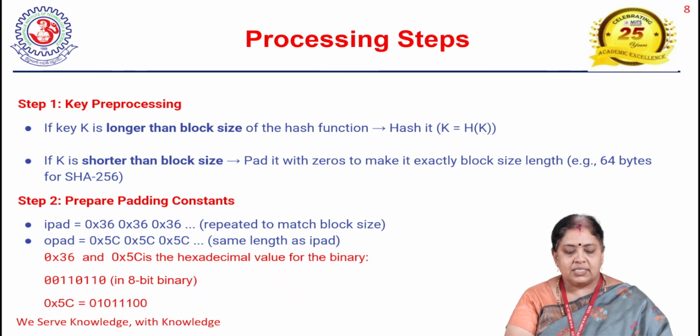For 0x36, the binary number is 00110110, and for 0x5c, the binary value is 01011100. Okay. So these are called the padding constants. Why? Because we pad in order to make the key equal to the block size.